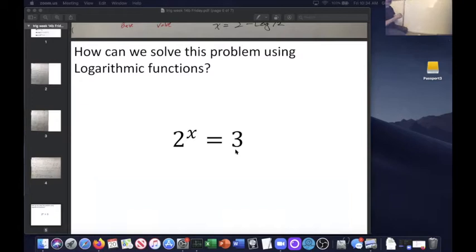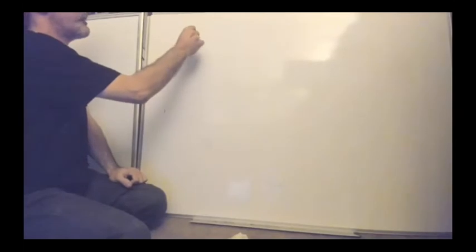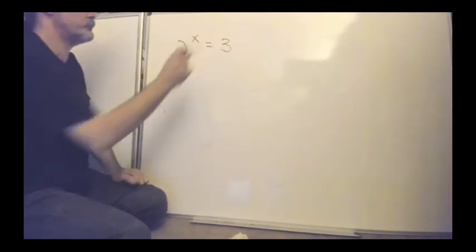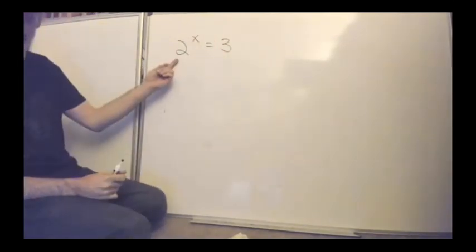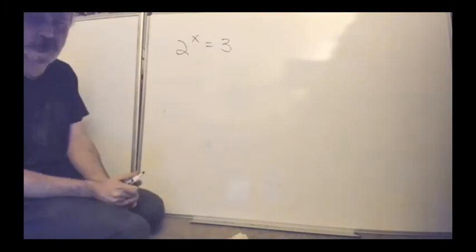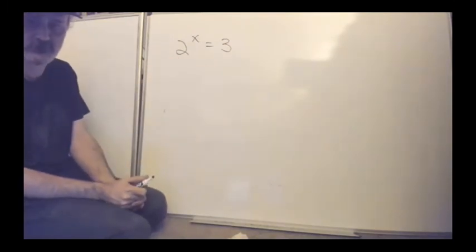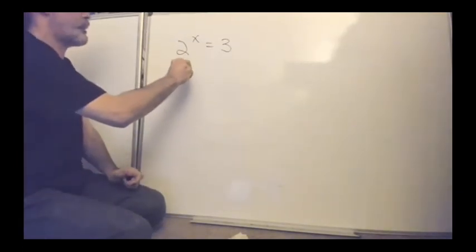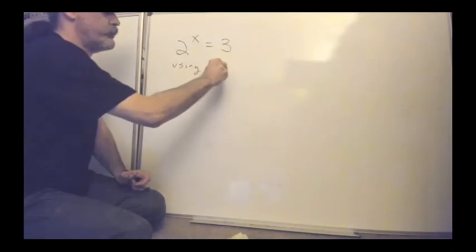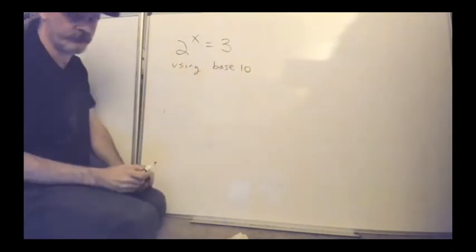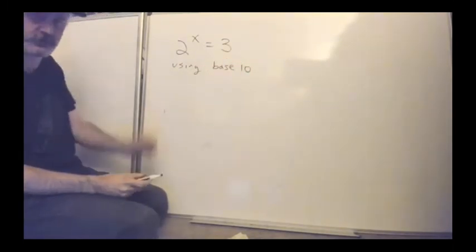All right, so let's think about how we could do this. Well, maybe you already know. But I'm going to point out something. If we change the 2 and the 3 to the same base, then we could solve this problem. Okay, so let's say we're using base 10, which is common, or base e would be okay too, but let's just go ahead and use base 10.